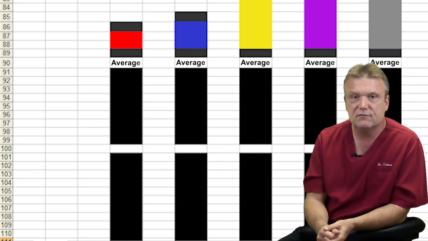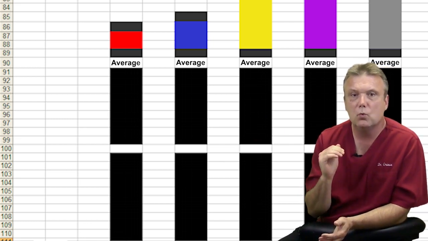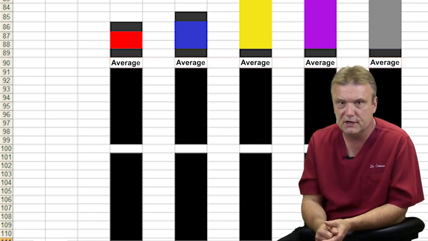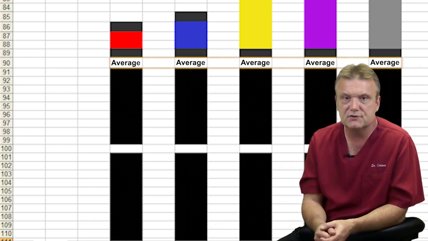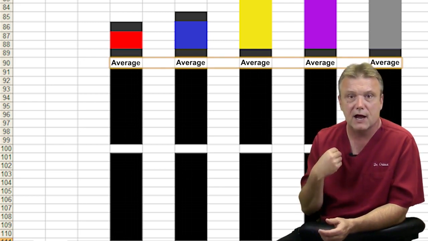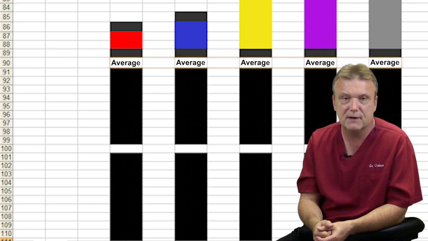And what you're going to see in the first bar graph is what the average dentist was producing about 15 years ago when I was on the economics committee and I was the chairman of the practice management committee.